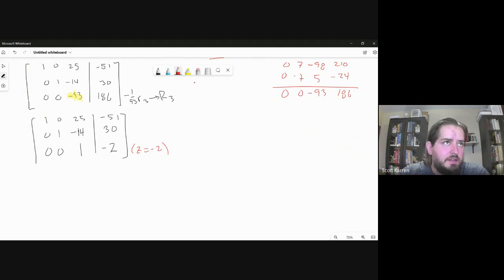And the last thing that I want to do is to zero out these 2. And I can do that again by using row 3, the one that I just got, to get rid of those numbers. So I'll take negative 25 multiplied by row 3 and add that to row 1. And then I'll take positive 14 multiplied by row 3 and add that to row 2.